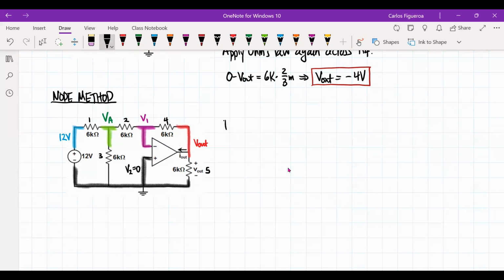So now I'm going to do the numbers. Note that I have how many nodes? I know V2. I don't know VA, and I don't know V1. So I have 3 nodes, minus 1 source.